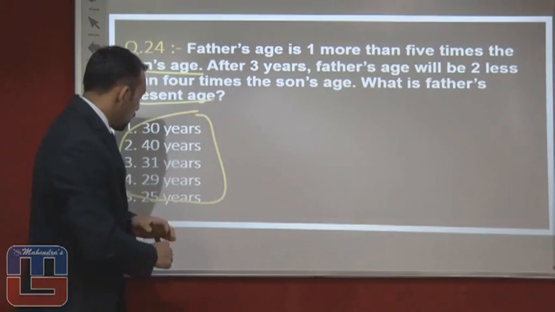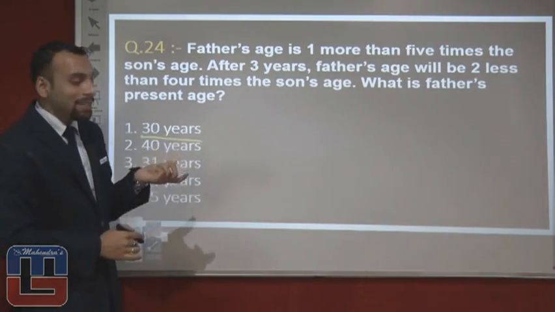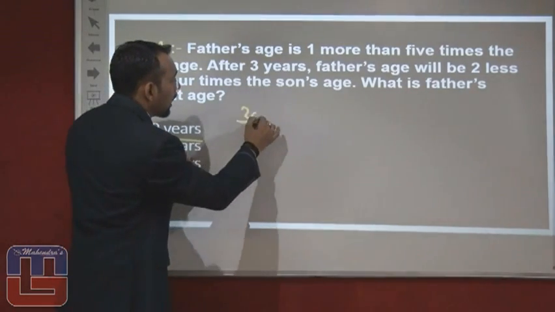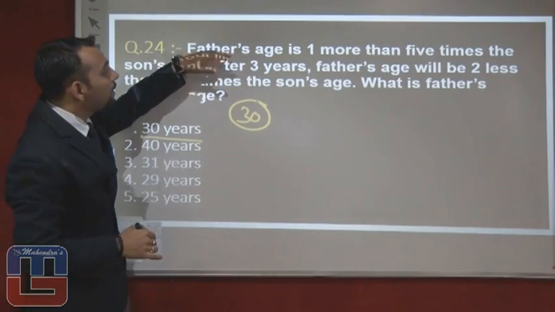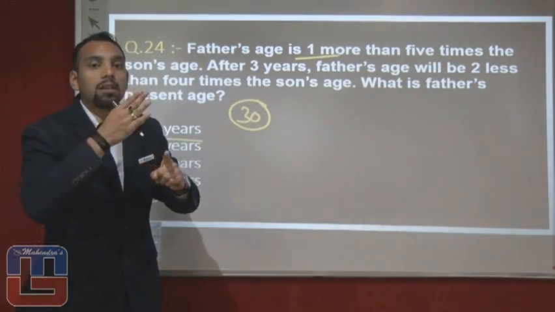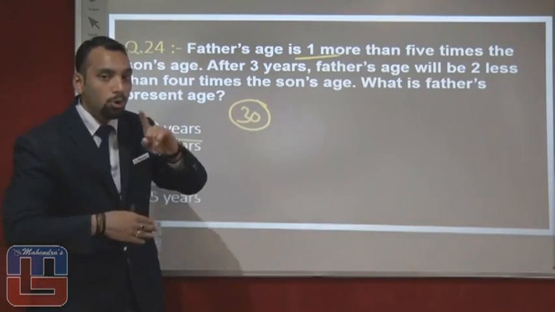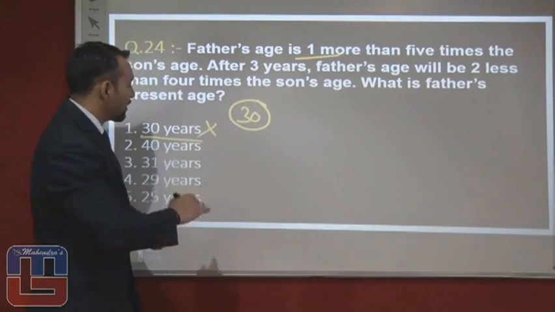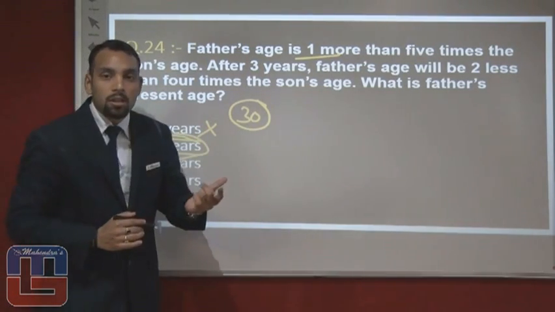Now see, if you pick the 30 option, clearly 30 cannot be the answer. Why? Already saying father's age is 1 more than 5 times the son's age. It is a multiple of 5 but not 1 more, so it will not be the answer. Now pick the 40. Again it is not.